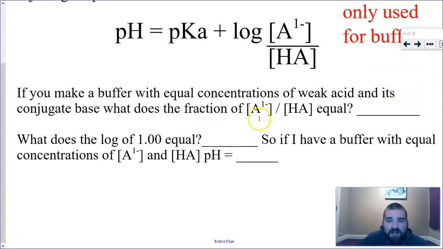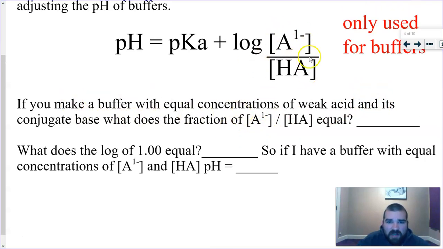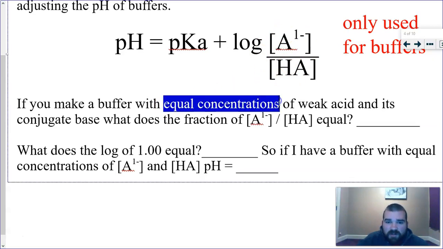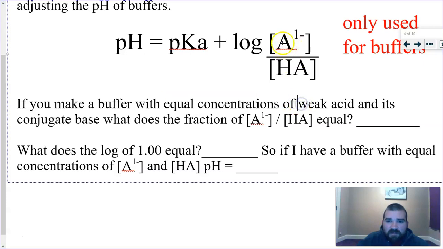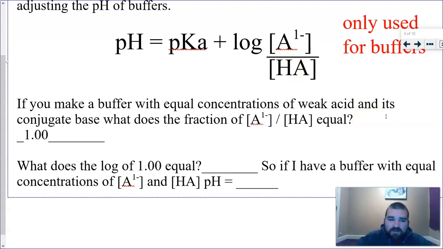So if I make a buffer with equal concentrations of weak acid and conjugate base, what does this fraction, A over HA, equal? Well, if they're equal concentrations, if this is 5 and that's 5, this fraction equals 1. If this is 2 and that's 2, then this equals 1. You get the idea here. So this equals 1.00.